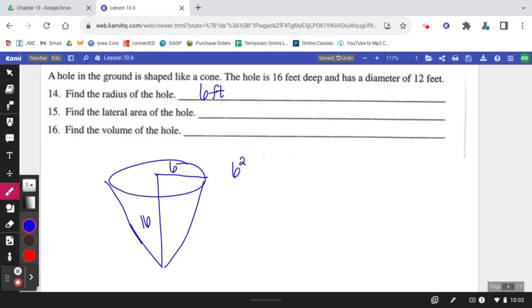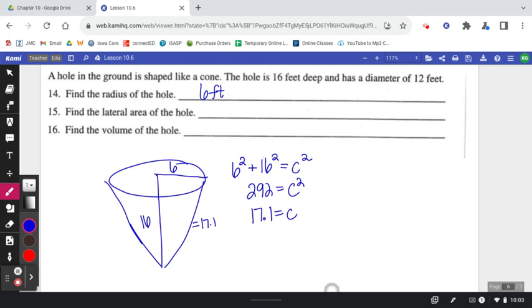So 6 squared plus 16 squared equals c squared. 292 equals c squared. Square root of 292, 17.1.